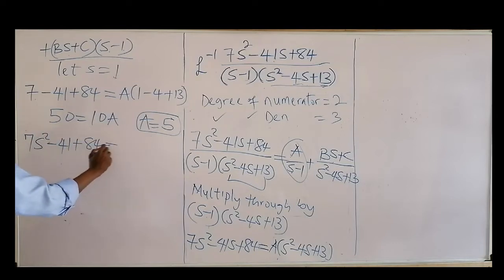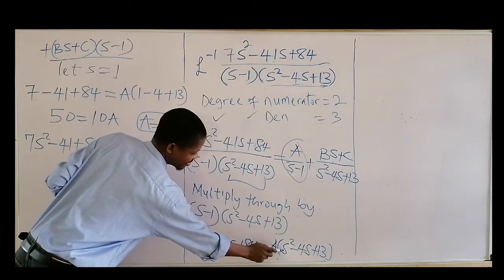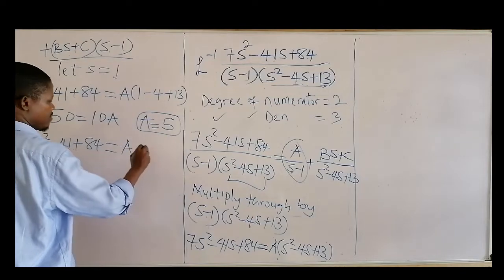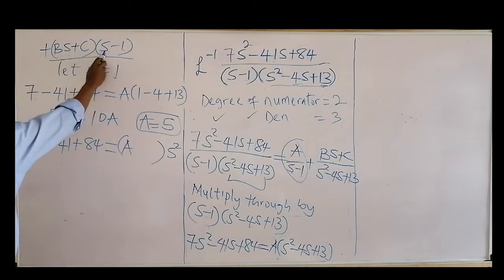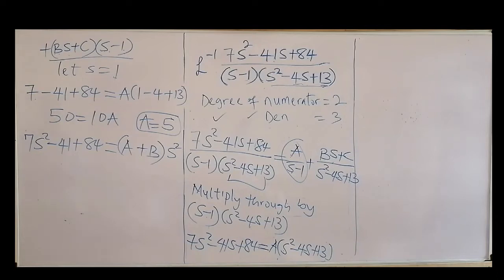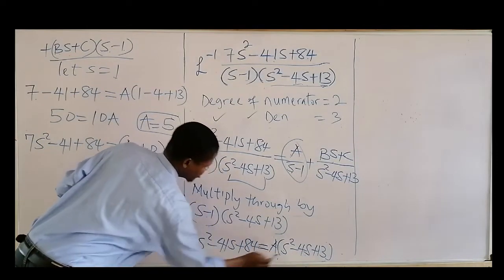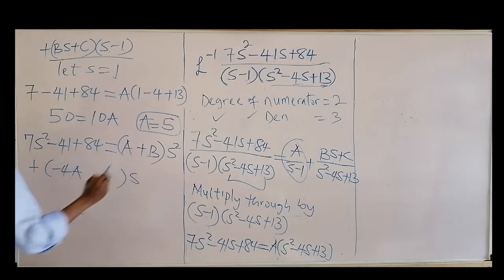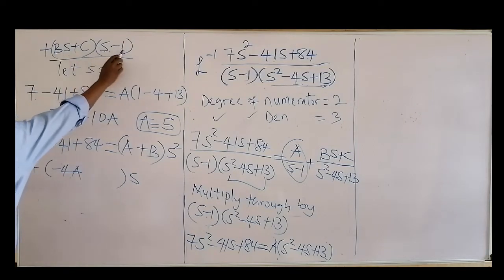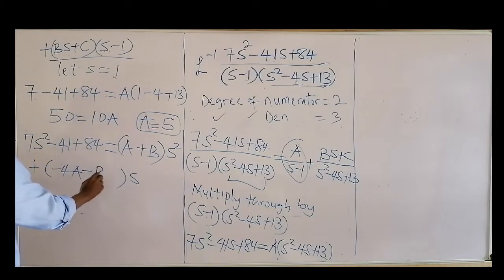Plus 84 equal to: here you have a times this, that's a x squared, then bx times x, that's plus b x squared. That's the coefficient of x squared. Then the coefficient of x: a times minus 4x, that's minus 4a, then bx times minus 1, that's minus b, and then this one times this one, that's plus 3.